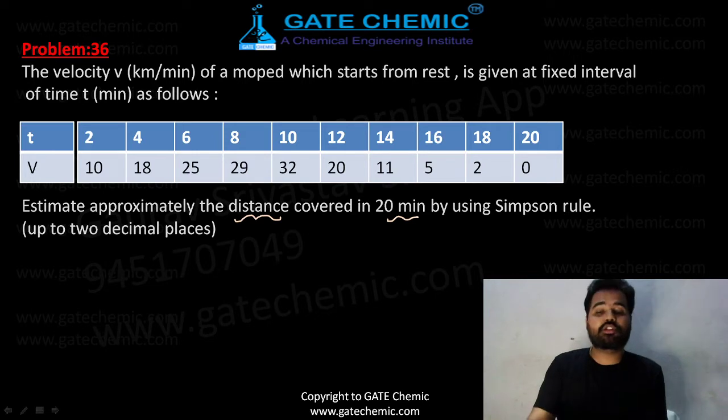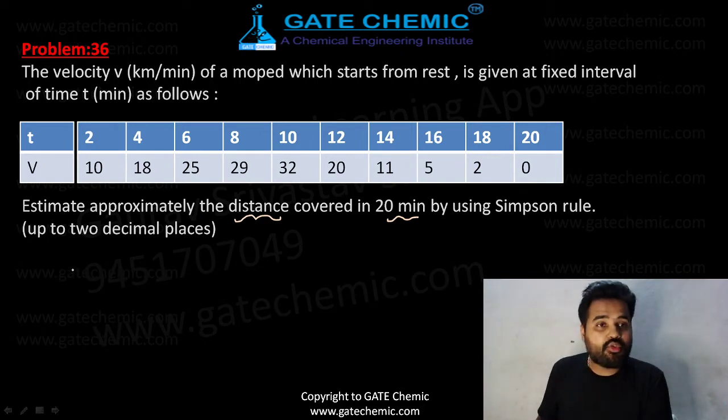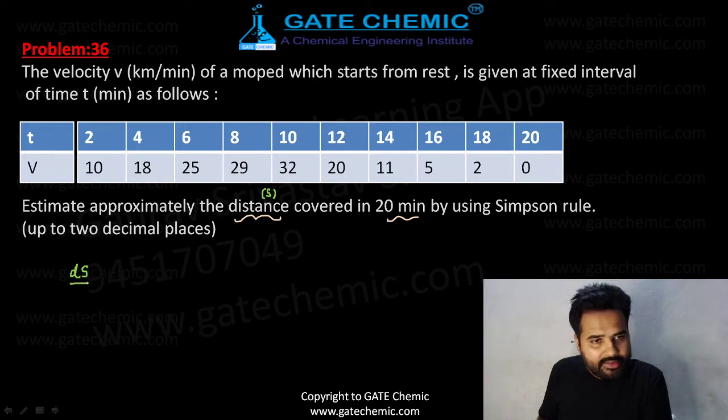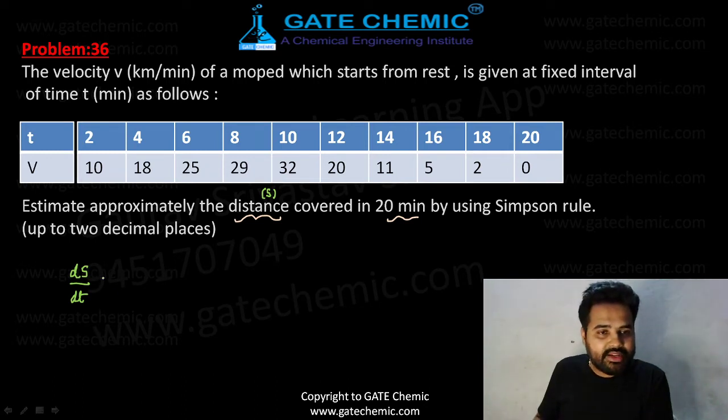This is also a problem relating to numerical integration and Simpson's rule, but here we don't know what f(x) is. If the distance traveled in time dt is ds, then ds by dt is your velocity v.